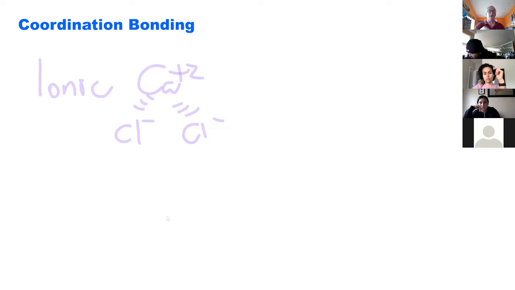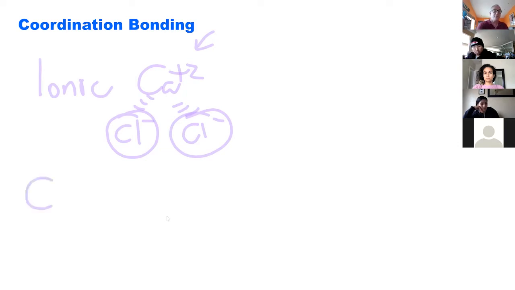And with ionic bonds, the chloride ions keep their electrons, and the calcium ion does not take the electrons from the chloride ions. It remains +2, and the chloride ions stay -1. And the interaction is just basically electrostatic charge.